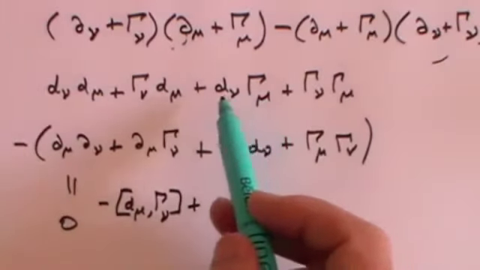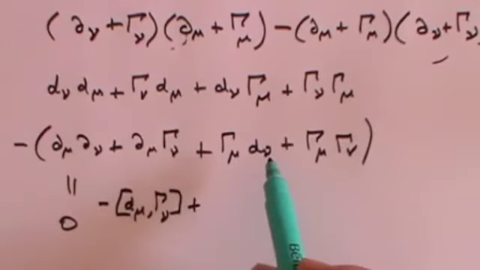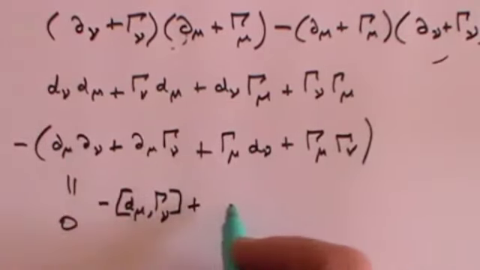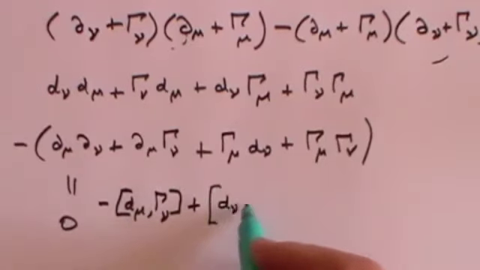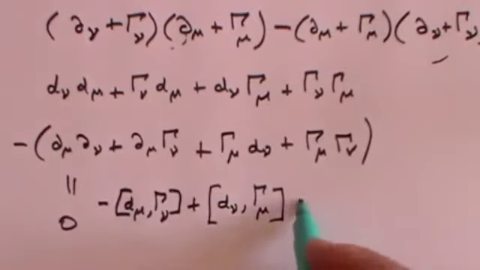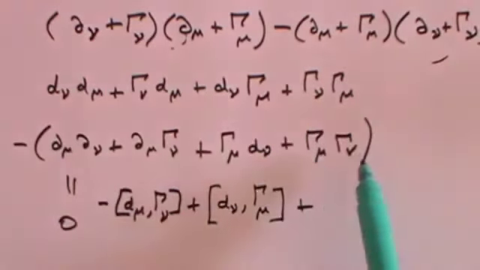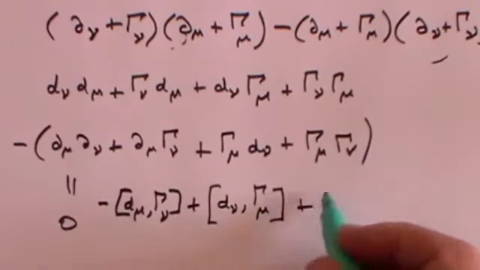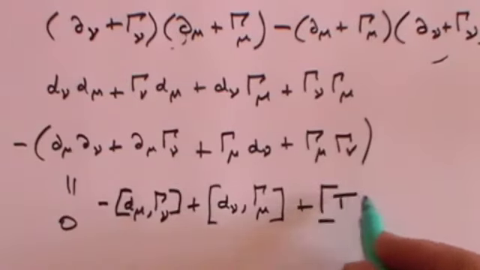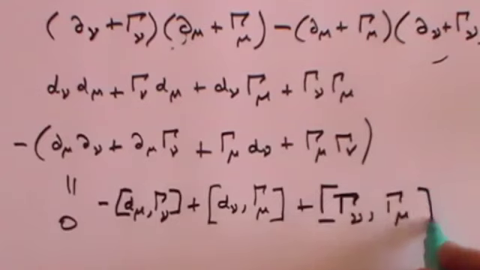We've got another commutator here, d nu gamma mu minus gamma mu d nu. Well, that's just the commutator of d nu gamma mu. And then we've got gamma nu gamma mu minus gamma mu gamma nu, and that again is going to be the commutator of gamma nu gamma mu.